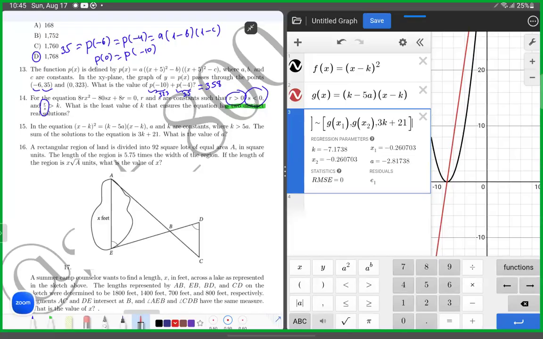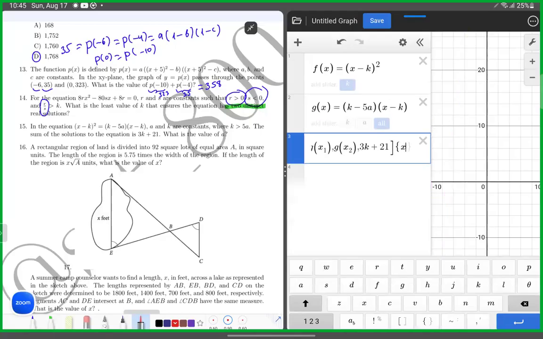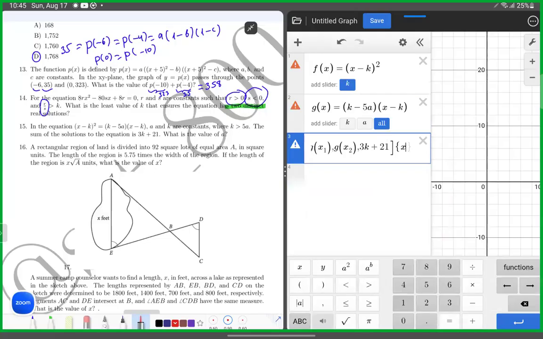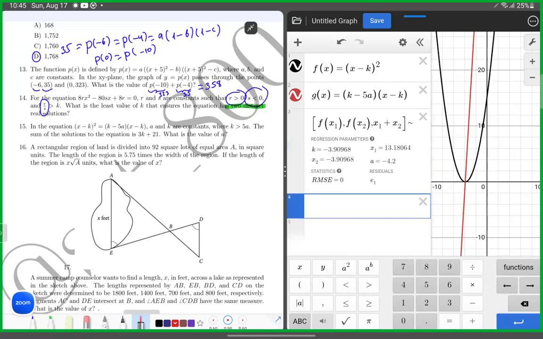I don't need this because I have two distinct solutions. That's why I will say that x1 is greater than x2. After this, it must find the solutions, everything, and a is found. The value of a is minus 4.4. We solved this problem by hand as well and got minus 21 over 5 as well. The paper way also confirms.